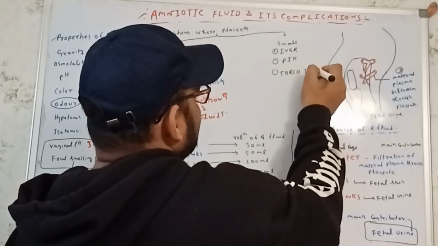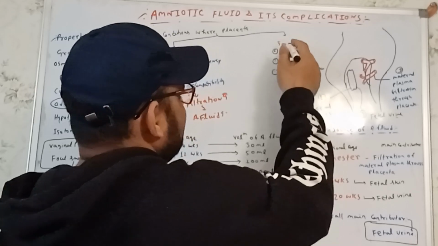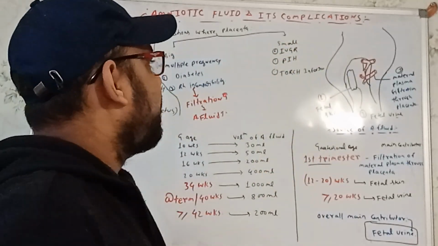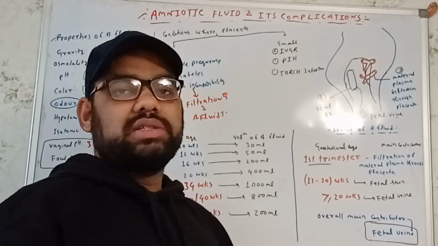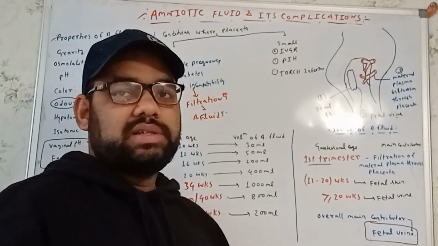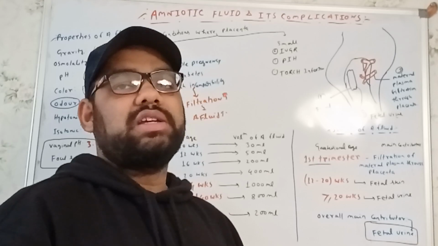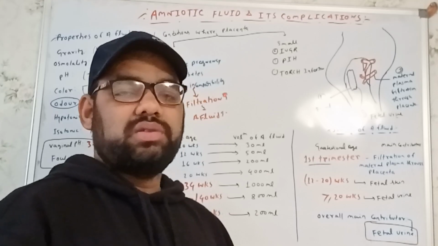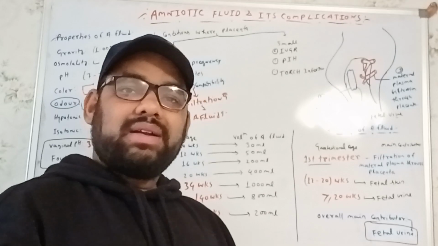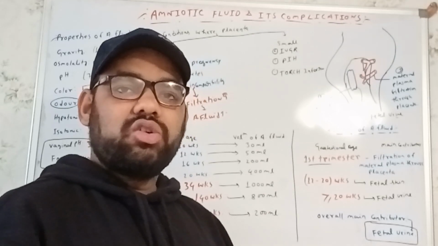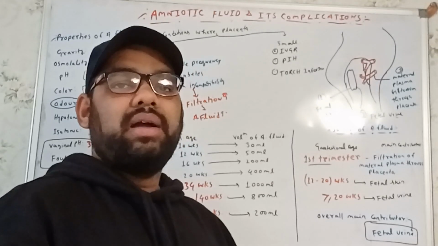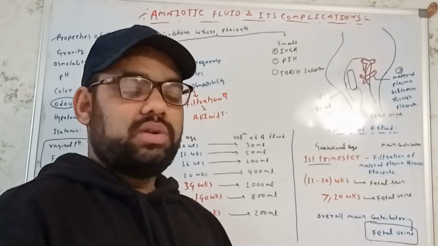See, what did I say? There are certain conditions where the size of the placenta will be small, for example IUGR, intrauterine growth restriction, PIH, and TORCH infection. In these conditions the placenta is small, as a result fewer blood vessels go through those regions, so less filtration. Whenever the filtration is less, ultimately the volume of amniotic fluid will also be less.